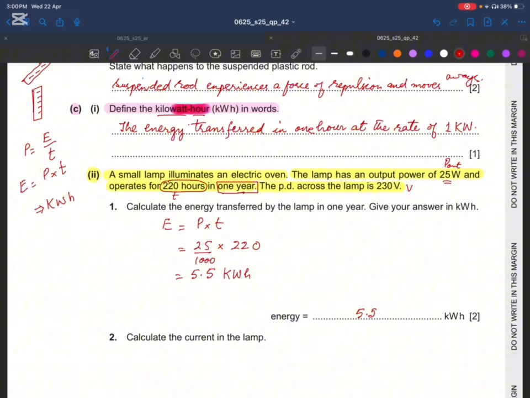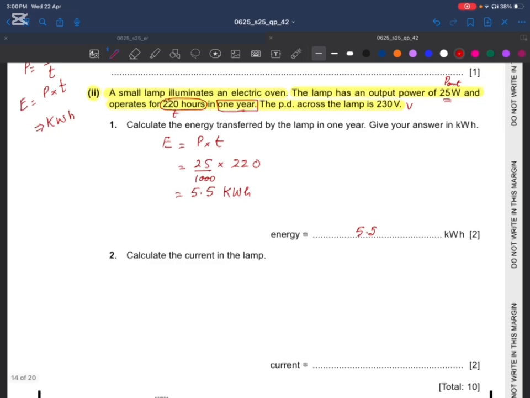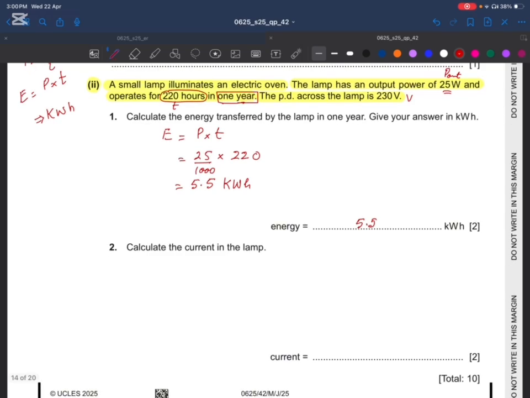In the next part, calculate the current in the lamp. You know that P is equal to IV, power is equal to IV, and the power here is 25. Current you need to calculate, and the voltage given is 230. So it's very simple.